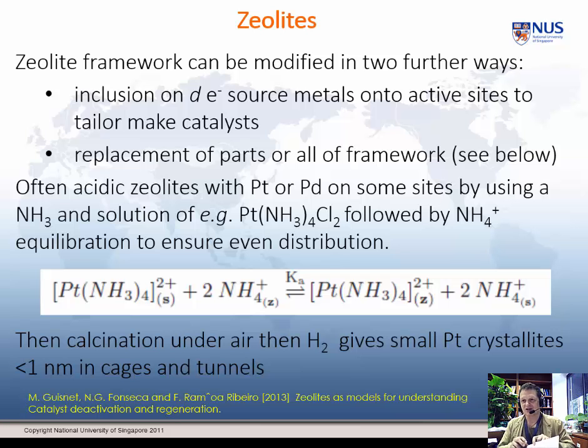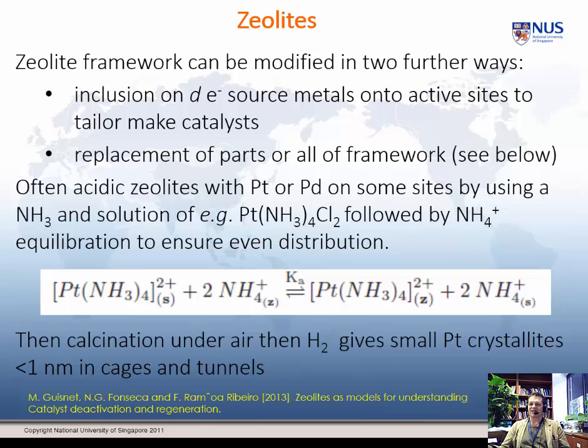Okay, so we've just thought about the alpha ox process where you had iron in there. This moves us toward another option: you can modify the zeolite framework by introducing d-electron source metals into active sites. This allows you to actually tailor-make catalysts. How might you do that?